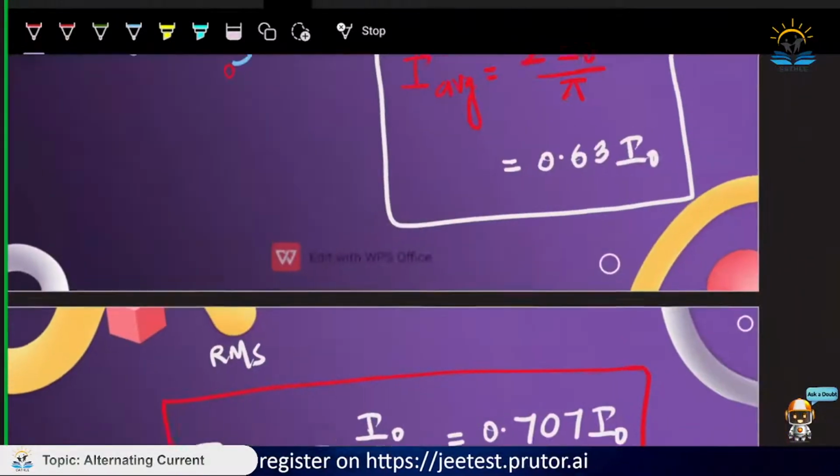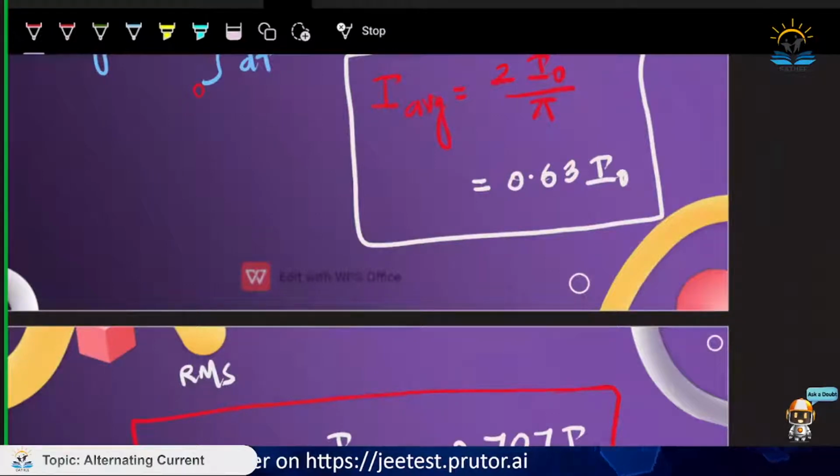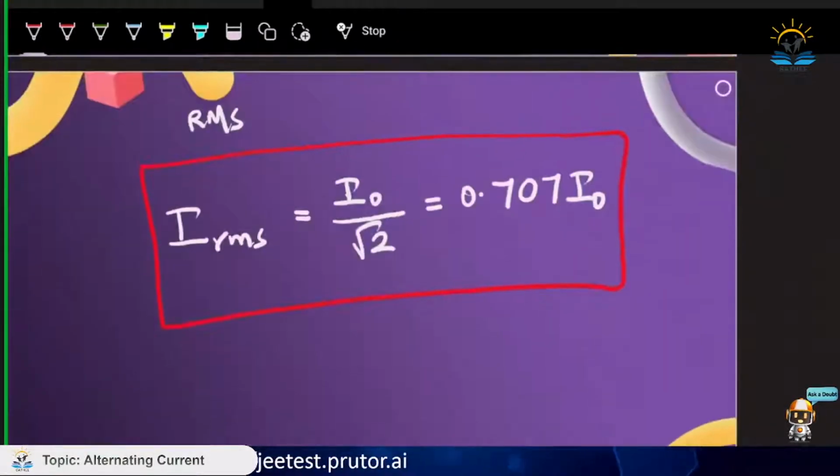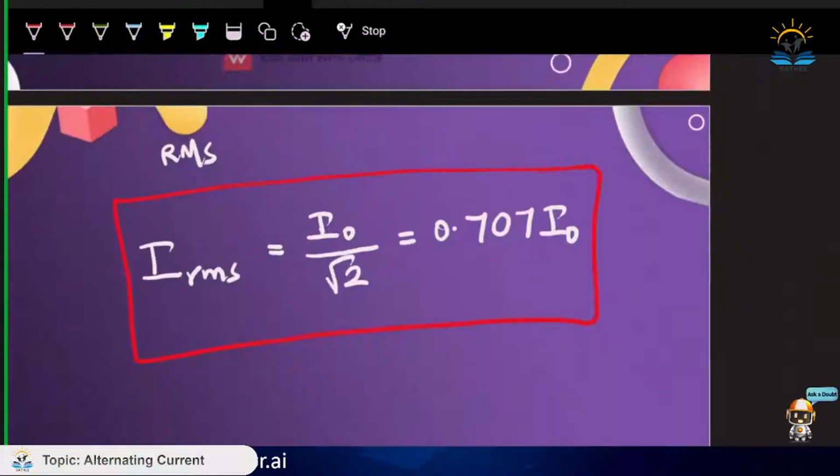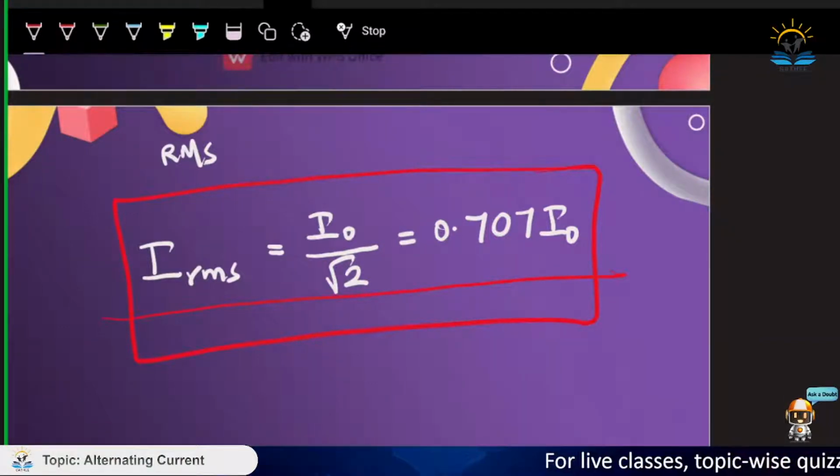Compared with I average, which is 0.63 I naught. 1 by root 2 is 0.7.